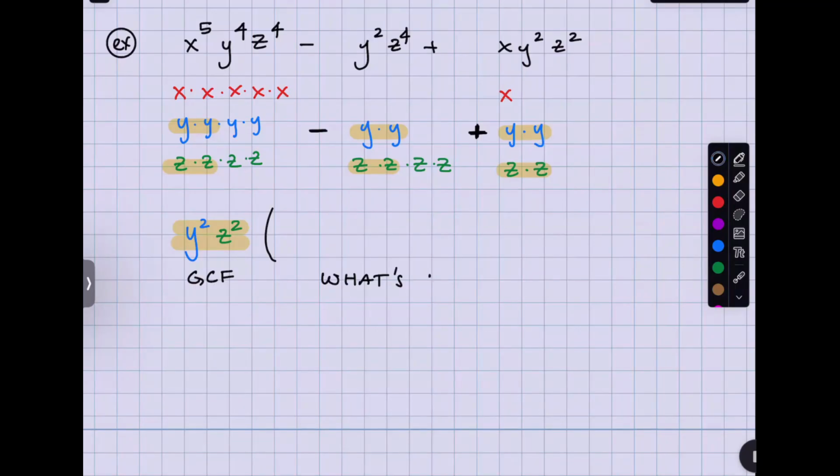what is left in each of those bins? The first bin has what left? X to the fifth, y squared, x squared. The second bin has what left? Oh, sorry.